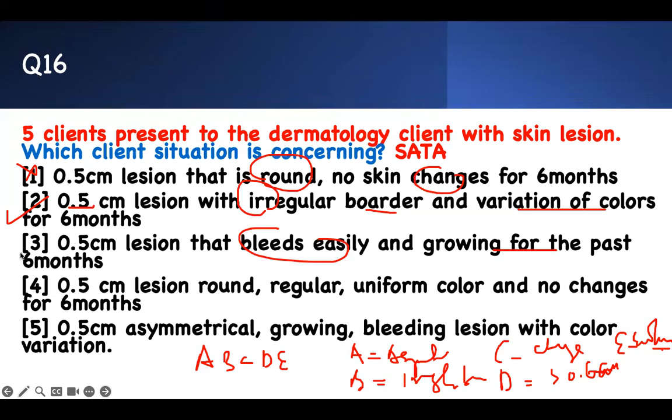It's still growing. Bleeding is not good. A 5 centimeter lesion, and it's regular, uniform color, and no change. Don't worry about it. Asymmetrical, 0.5, growing, bleeding easily, and color changes. 5 is worse. So 2, 3, and 5 are your right answers. Those are very concerning.